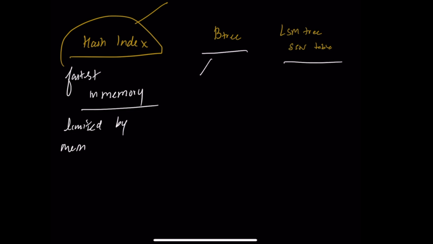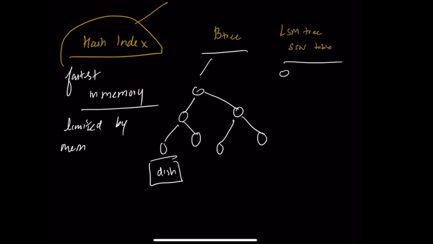Over here, these two: the B tree, if you know, is like a binary search tree, and everything is written on disk. With the LSM tree, there's a tree, and there's a table, like a write ahead log, that keeps entries such as add apple, remove apple.